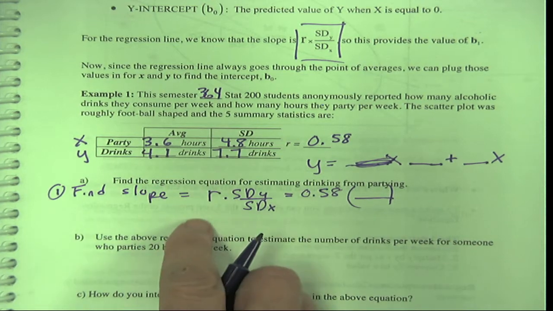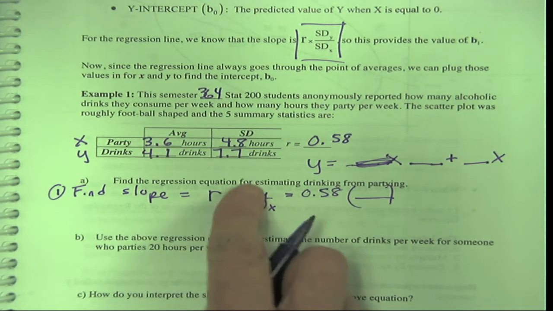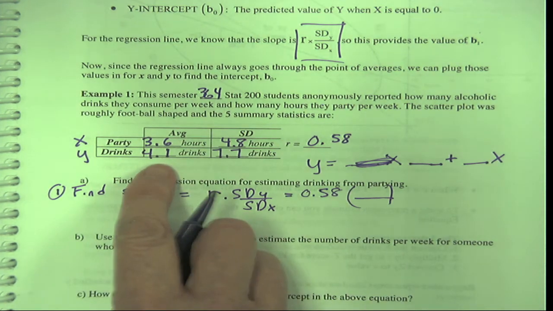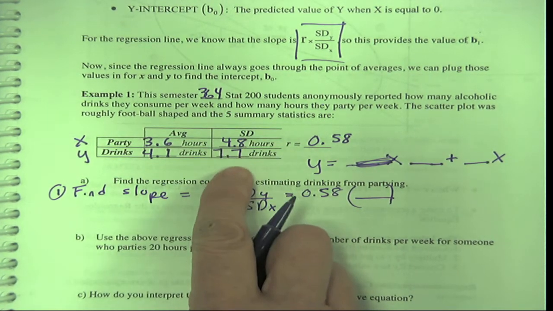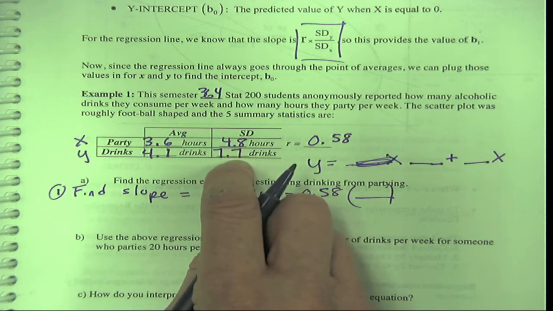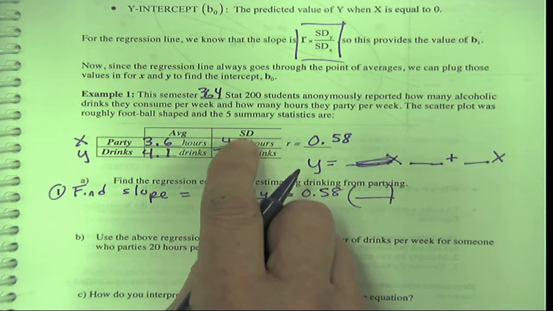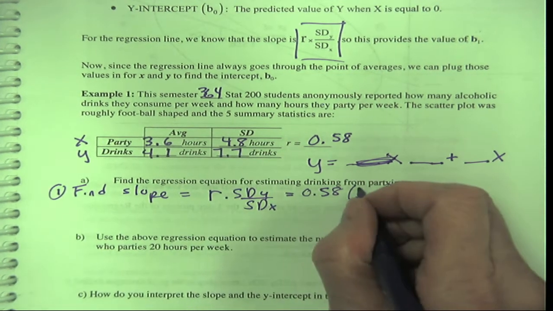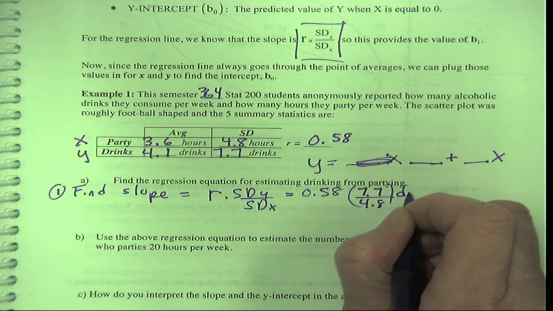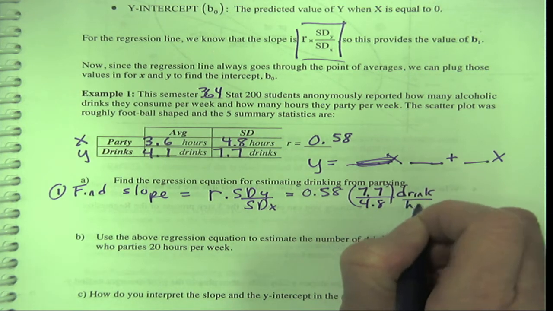You want Y over X, rise over run, of course. Here are our SDs. It's either 4.8 over 7.7 or 7.7 over 4.8, but you want Y over X. So it's 7.7 over 4.8 drinks per hour.